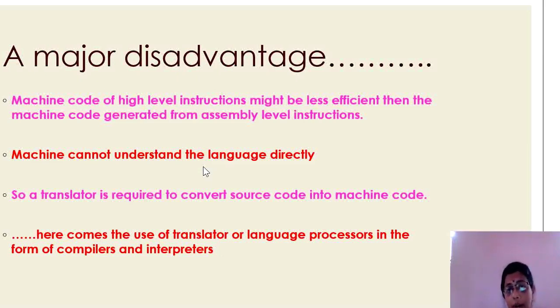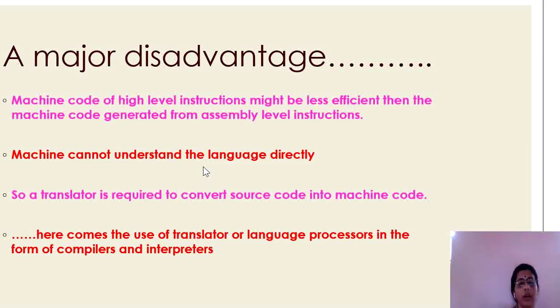Why do you need a compiler or an interpreter? Because the language you are using is not in binary form. You are using English words, and your computer doesn't understand English. So you have to translate them. To translate them, you need a translator, and that translator could be a compiler or an interpreter.